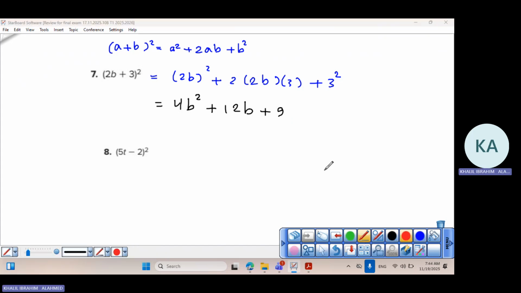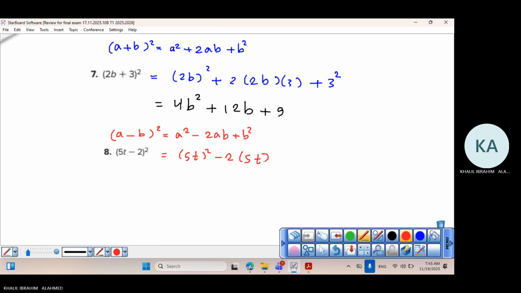In the same way, maybe you can use this formula: a minus b squared equals a squared minus 2a times b plus b squared. How to solve this? I think this is 5t squared minus 2 times 5t times 2 plus 2 squared.